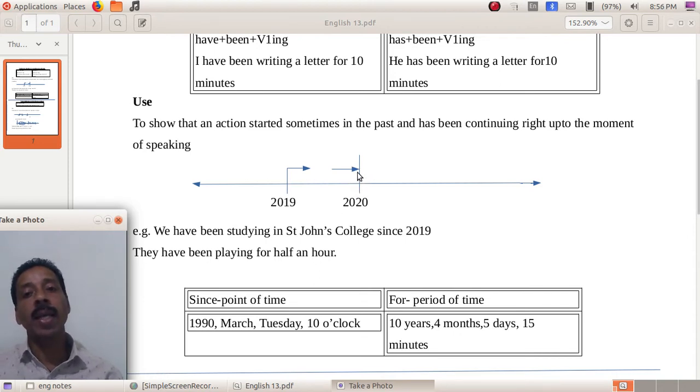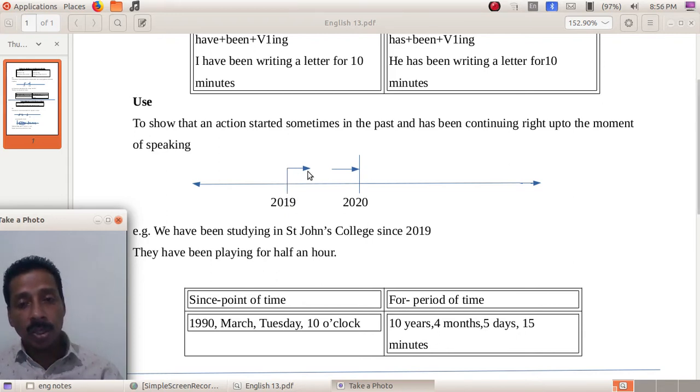So everything that comes behind is past, and what is ahead is future. Okay, then look here, this is 2019, this is 2020, the present, and we know that 2019 is in the past. One year back, it is in the past.